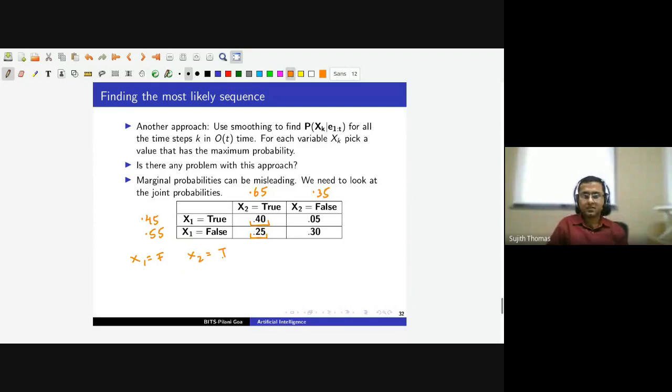Which is clearly false if we look at the joint probabilities. So the marginal probabilities can be misleading. So we need to look at the joint probability. The question is, what is the sequence of state variables which will maximize this probability? Now the question is how to find this most likely sequence.